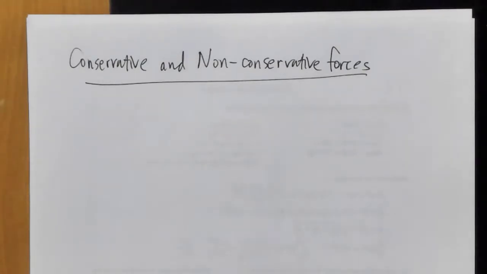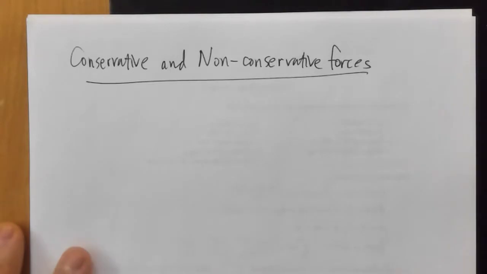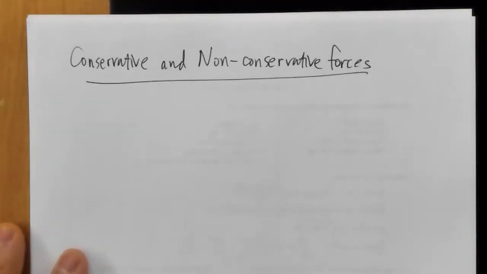Okay. This is an example of a force that's called conservative, in that the amount of work it does is independent of how it gets from the beginning to the end. So let's write this out.